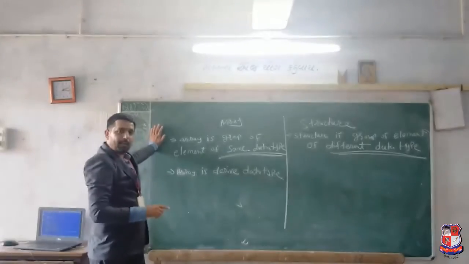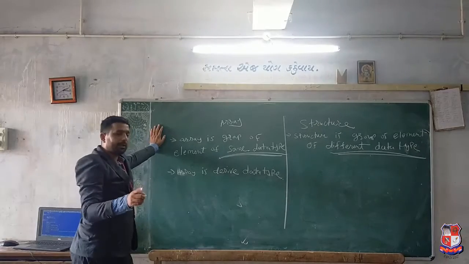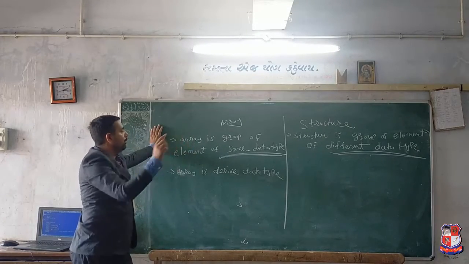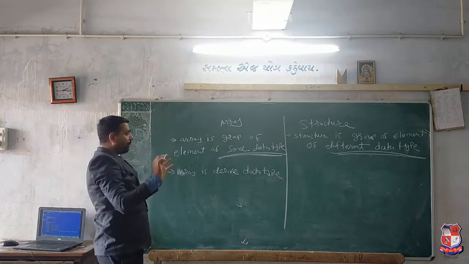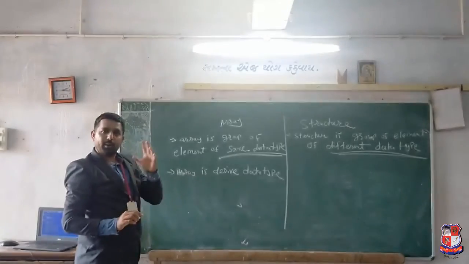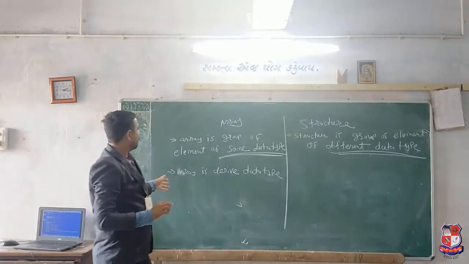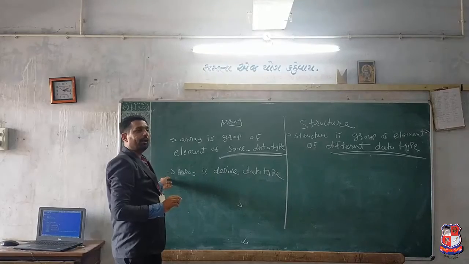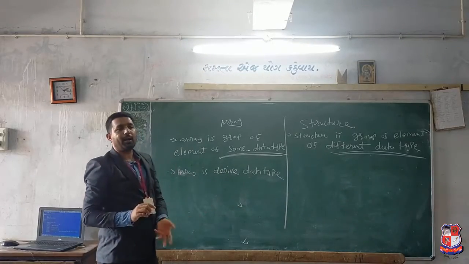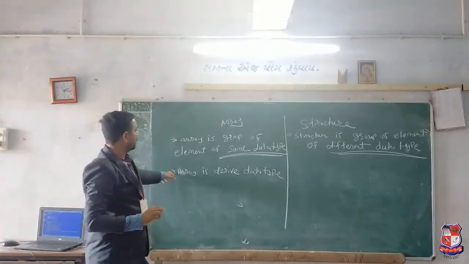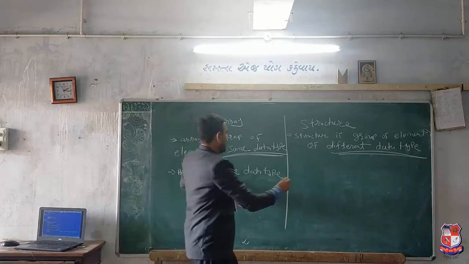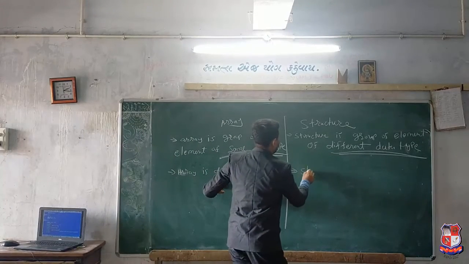In primary data type, we take integer, float, character, and void. User defined data type means developed by the user, and derived data type is developed from another data type. So in array we use a number of elements from a given one element. So array is a derived data type, and structure is a user defined data type.